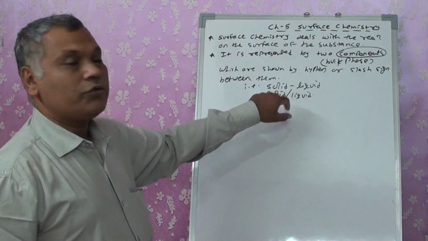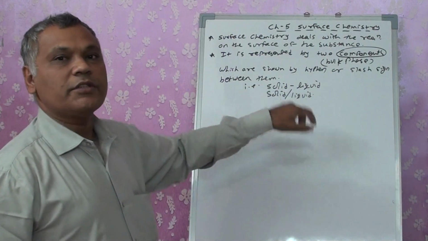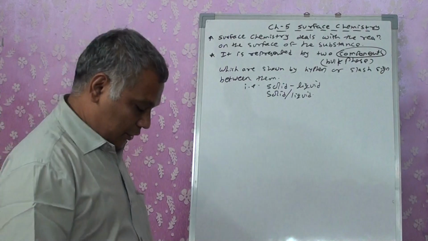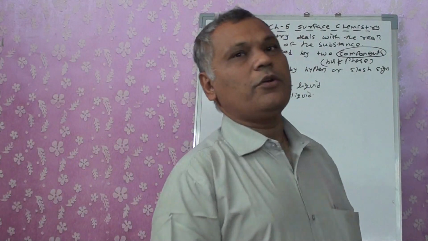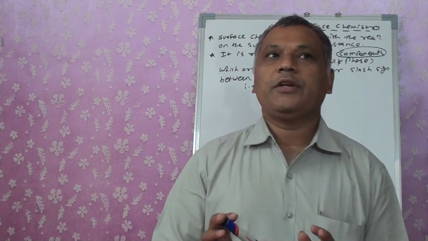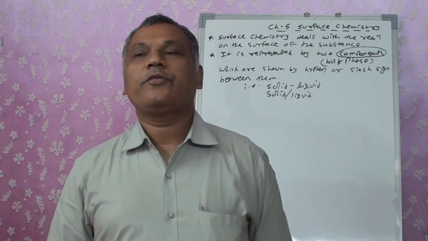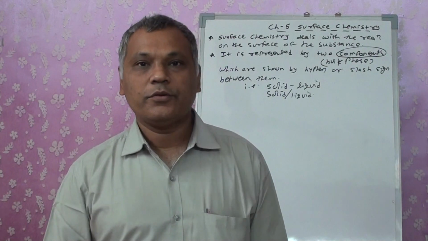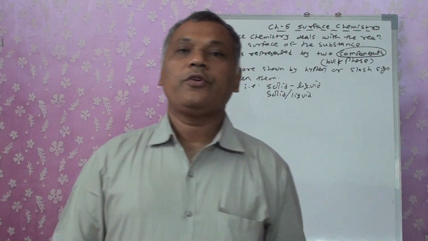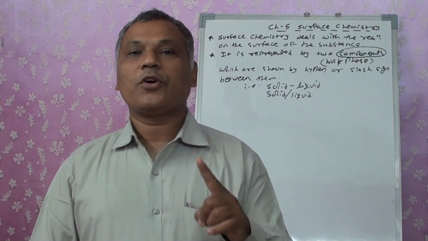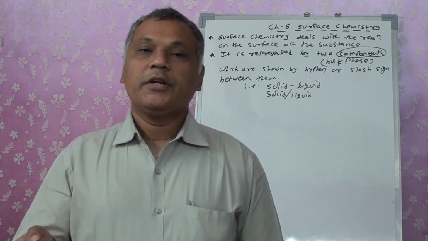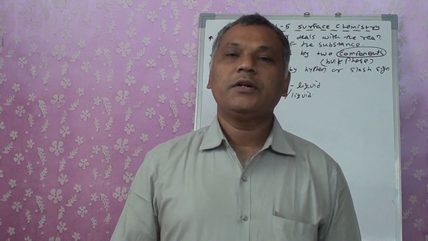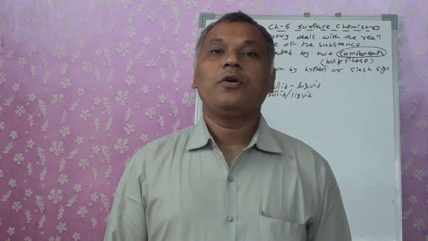Here I took two phases. One is in the solid state, one is in the liquid state. Generally, whatever we will be studying, the majority of the reactions, I am saying majority, not all, right? In the majority of the reactions that we are going to study, one of the phases will always be solid. The second phase will be in the gaseous form or in a liquid form, right?